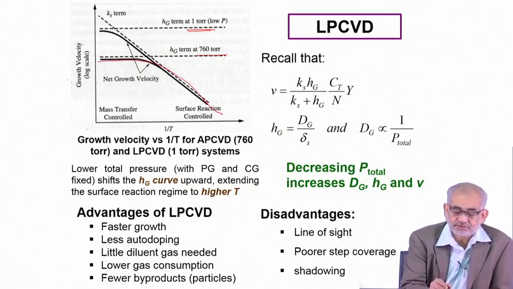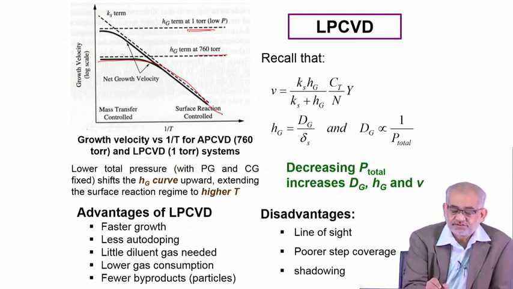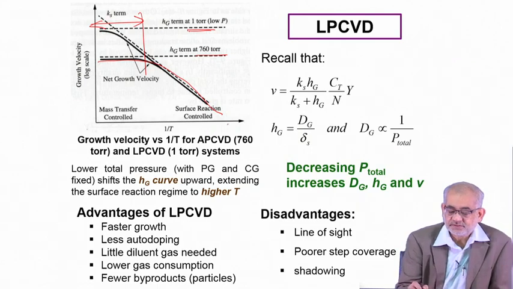If you plot growth velocity as a function of reciprocal of temperature, this is the high temperature region, and this is the region where the normal atmospheric CVD would give you a velocity profile which will be high but not very high, but then it drops as the temperature decreases.